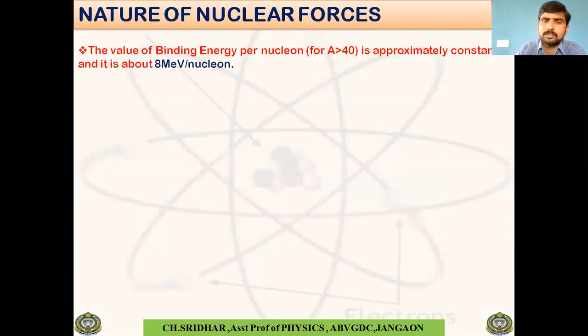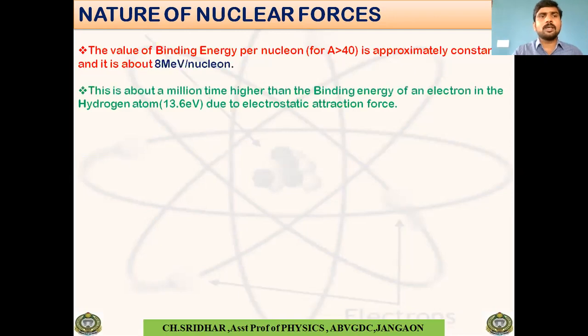The value of binding energy per nucleon for atomic mass greater than 40 is approximately constant, and this is about a million times higher than the binding energy of an electron in the hydrogen atom. The energy of the hydrogen atom is given by 13.6 electron volts, whereas the binding energy is 8 mega electron volts, that is 8 million electron volts.